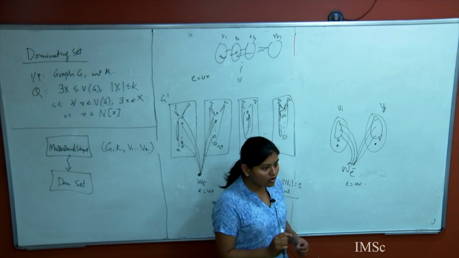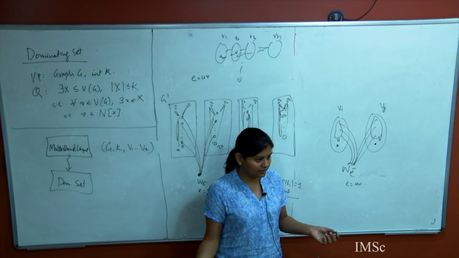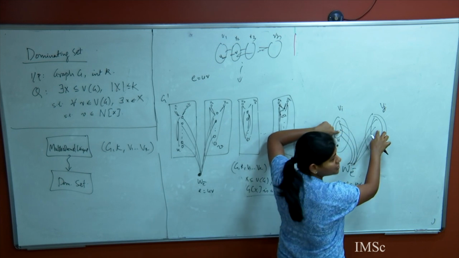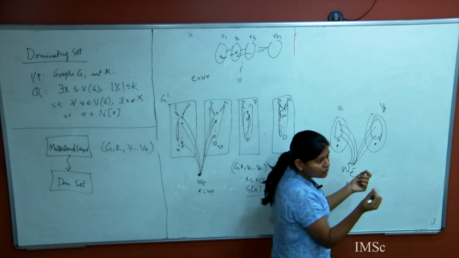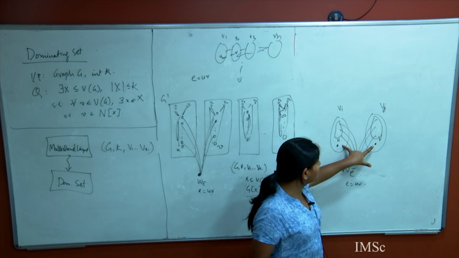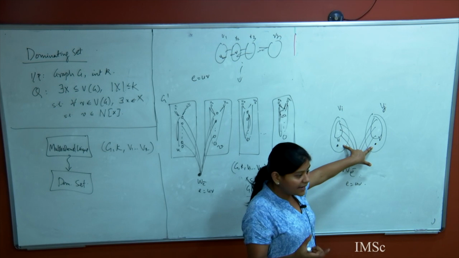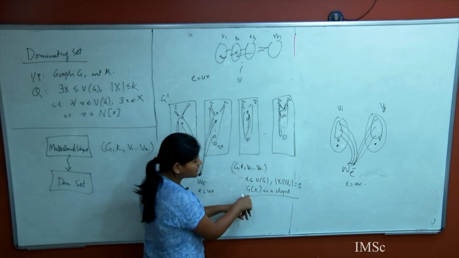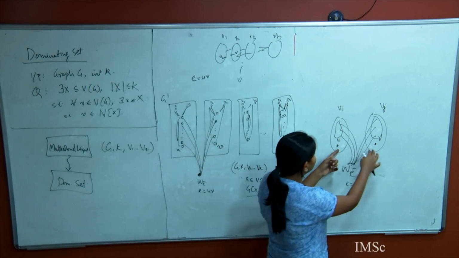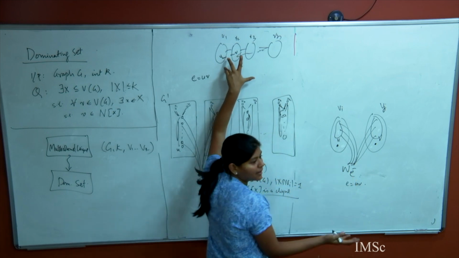Notice that since UV is a non-edge, both U and V cannot be in my solution because I want a clique. So this means that I have selected either somebody from here or someone from here. We know that we have selected one vertex from each part. Suppose those vertices are U and V from these parts, then note that it's a non-edge, and we are starting with X which forms a clique in G. X is a clique in G, but U and V do not have edges in G. This is why this vertex W E bar is there in the first place.